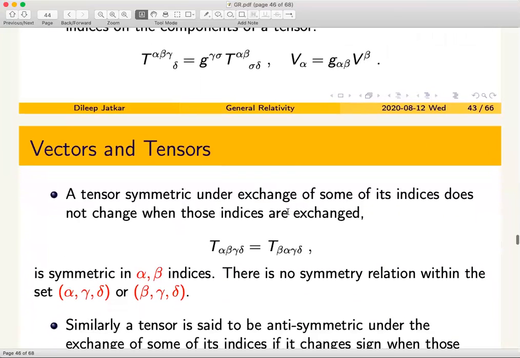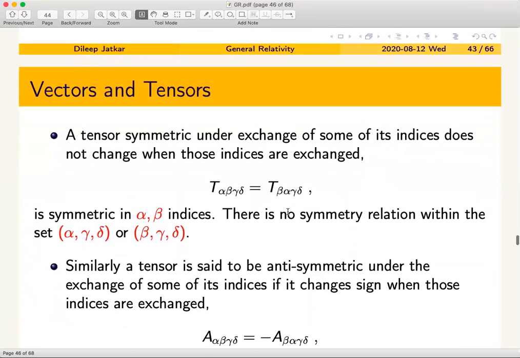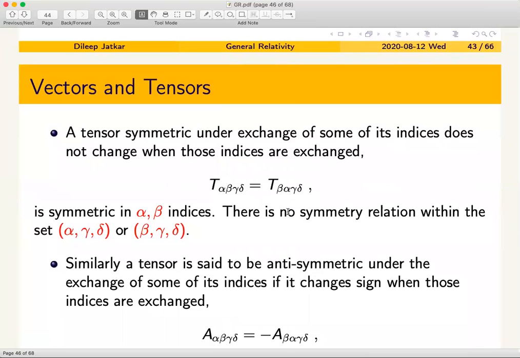Fine. Now, given that generic tensors have multiple indices, I am of course excluding scalars and vectors, because scalars don't carry any index and vectors carry only one index. But barring that, any higher rank tensors carry multiple indices, and with respect to those indices, tensors may have some symmetry property.